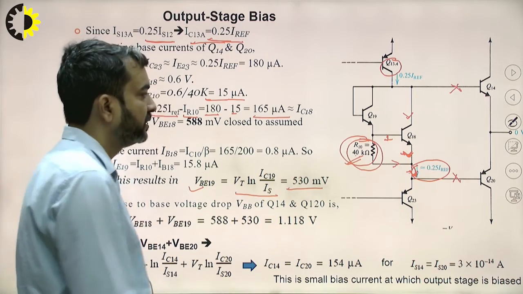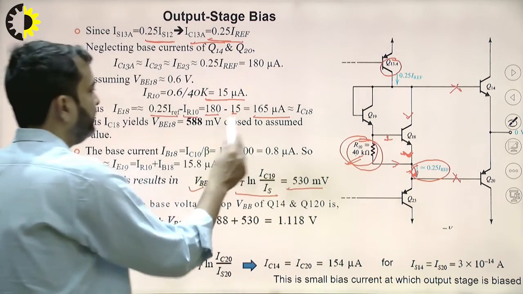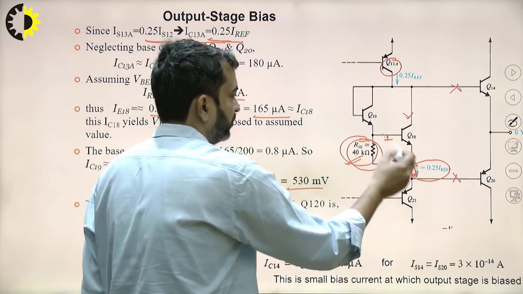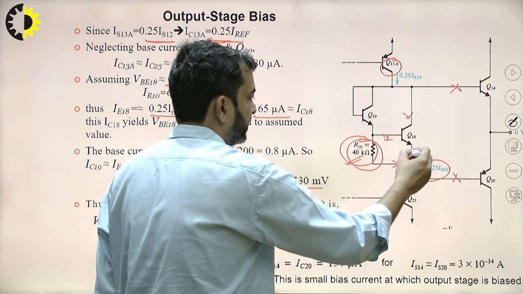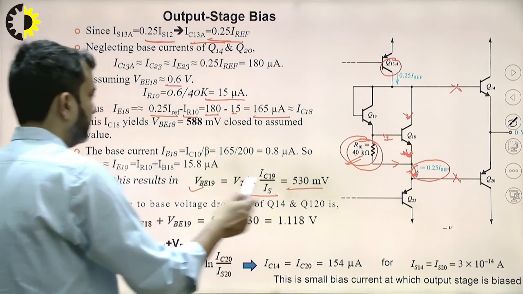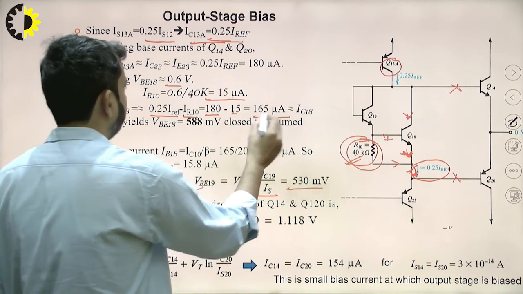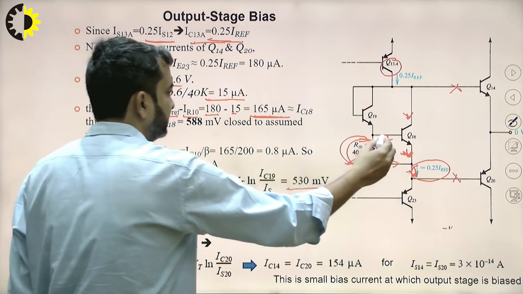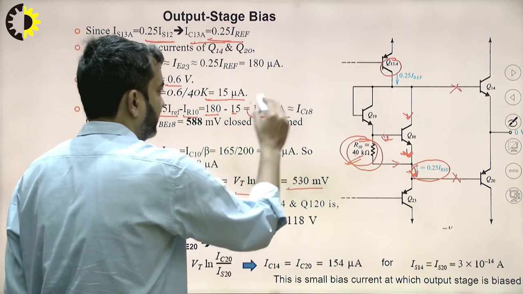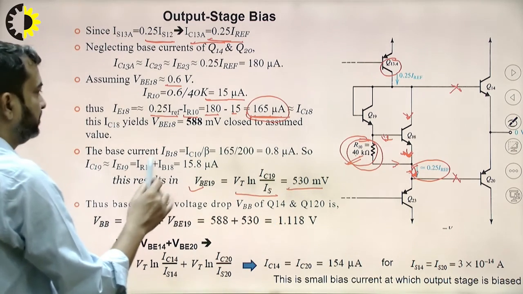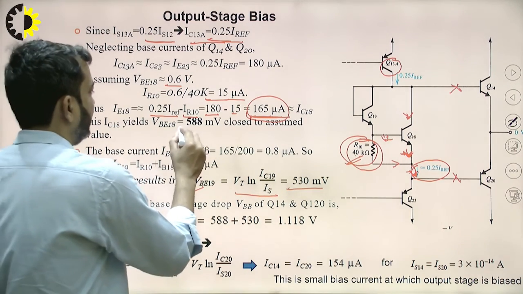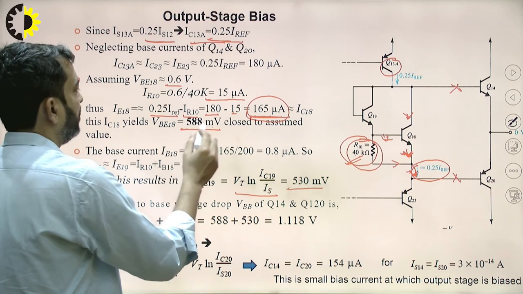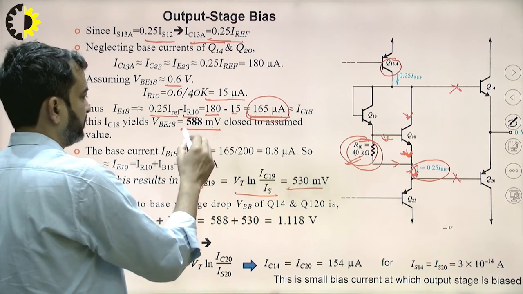One more thing: initially we assumed 0.6 volt base emitter voltage, and then calculated the collector current of this transistor, which came as 165 microampere. If we calculate the base emitter voltage of this transistor using this collector current, it comes as 580 millivolt, which is close to our assumption of 0.6 volts.